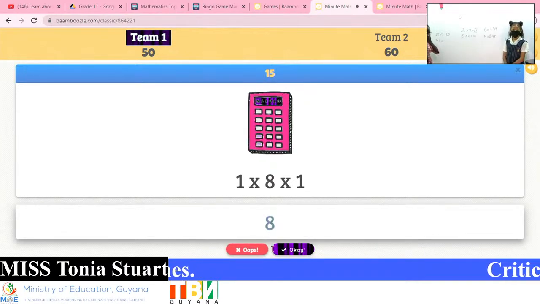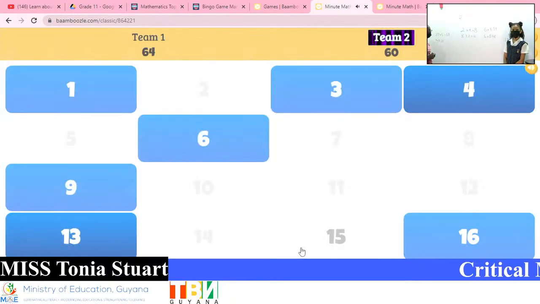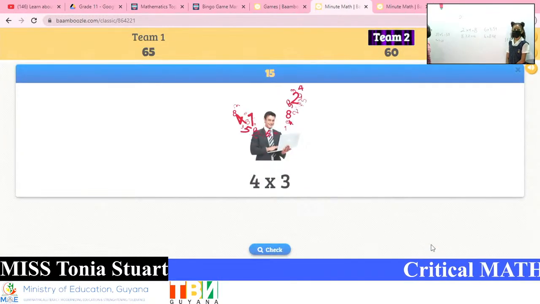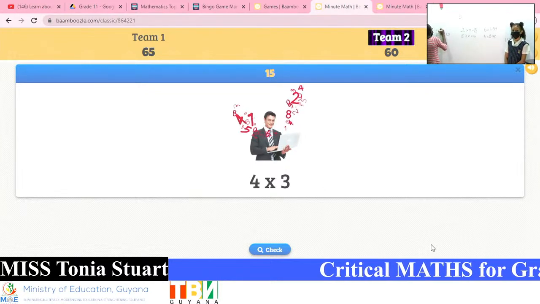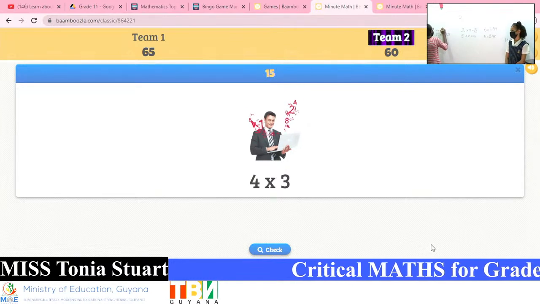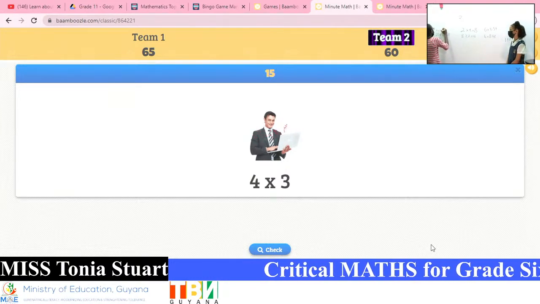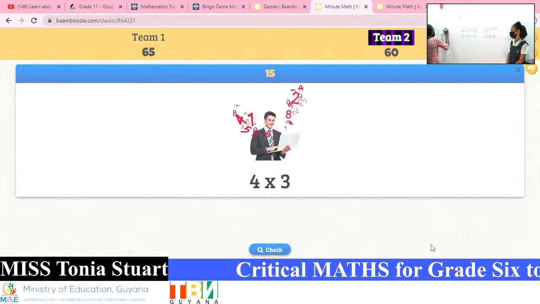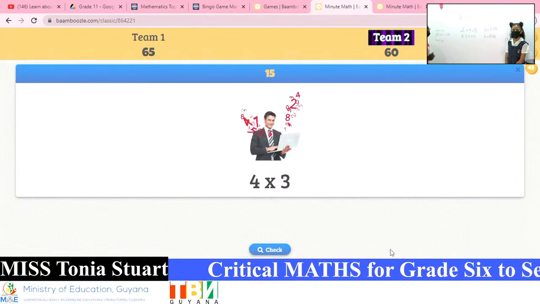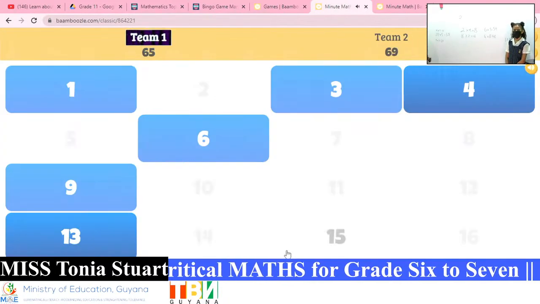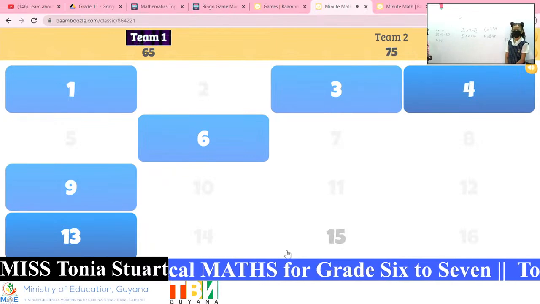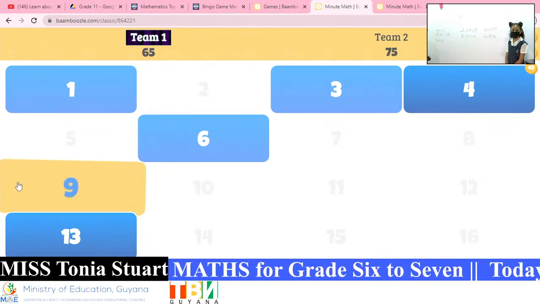Great. 1 by 8 by 1 is equal to 8. Alicia? 16? 4 by 3, 4 times 3. 4 times 3, 12. All right, doing well so far, both of you. Azaria? 9. Let me see if you lose some points now.